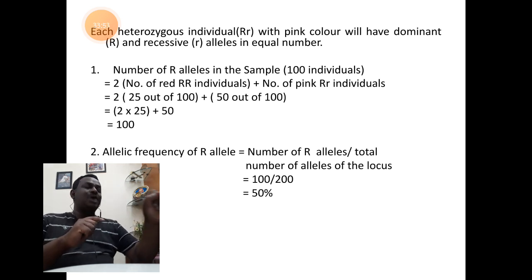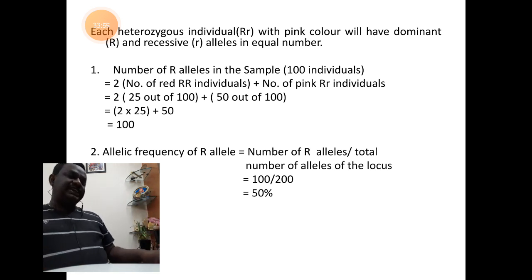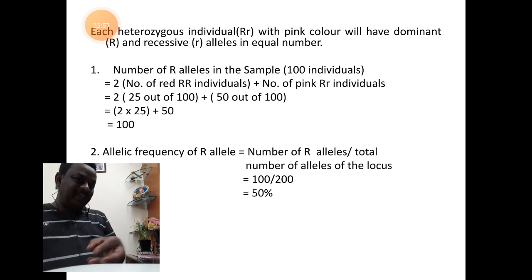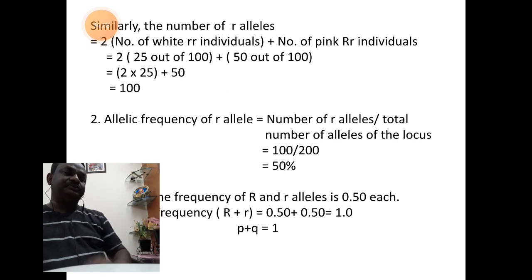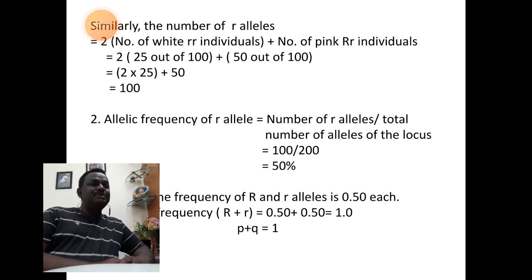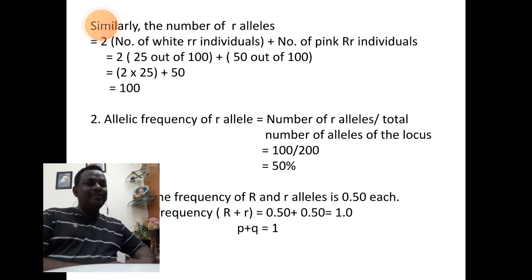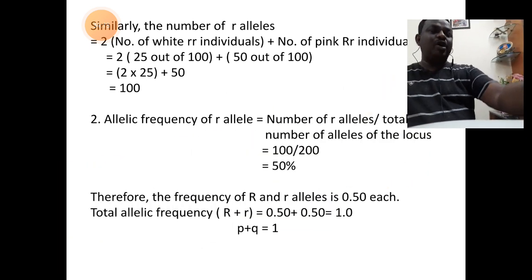So 100 by 200 is equal to 0.5. That is 50% otherwise. Similarly, the small r allele will also be 50%, that is 0.5.